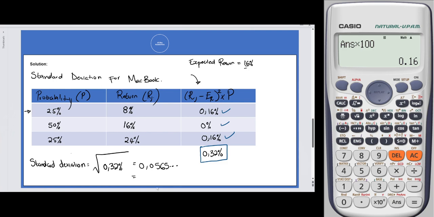But as always, we must express this as a percentage, so we will also convert this. You just multiply it by 100. We convert into a percentage, then this will become 5.66%.